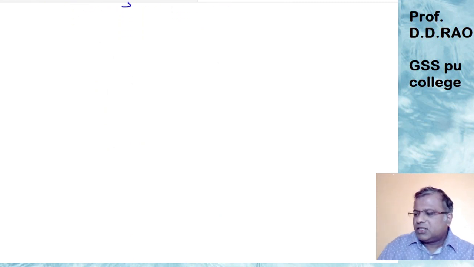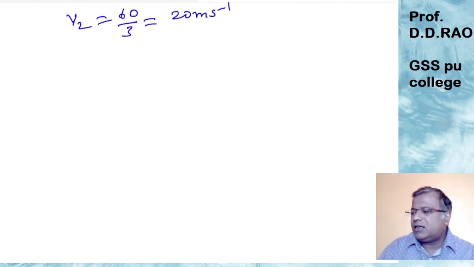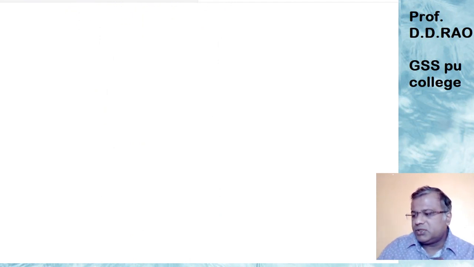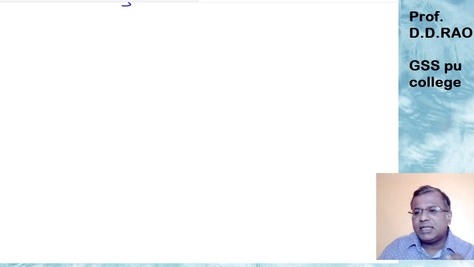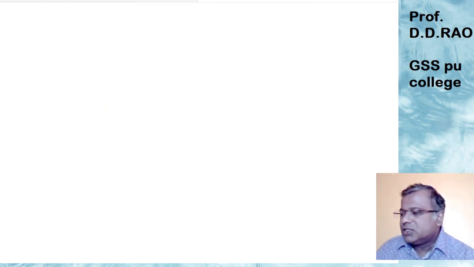Whenever a bullet is fired, how is momentum conserved in the firing of a bullet? That we will see. Say a bullet is fired from a gun, then the bullet goes in the forward direction and the gun will recoil.